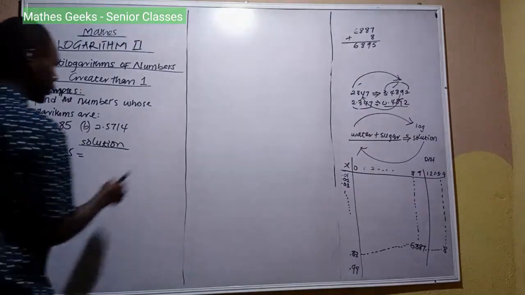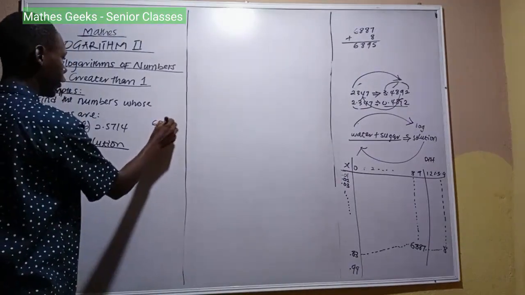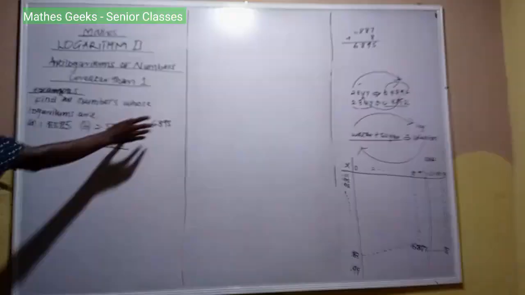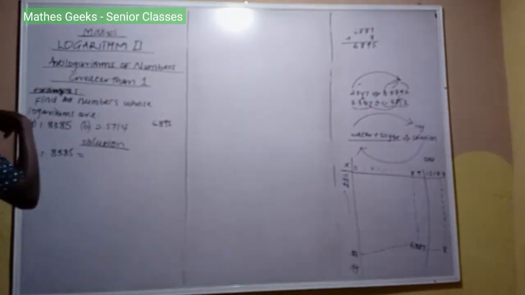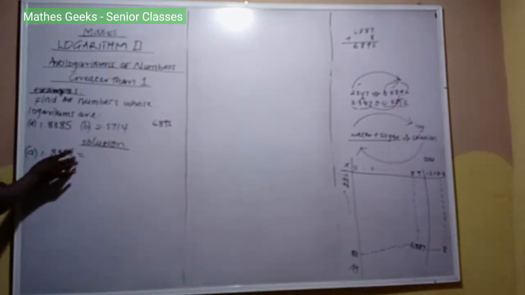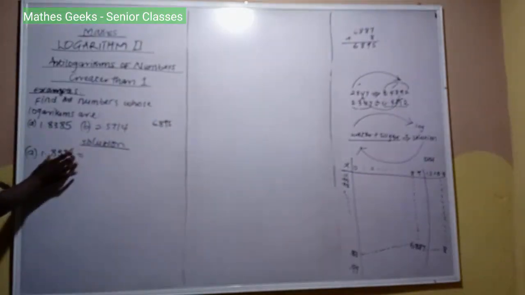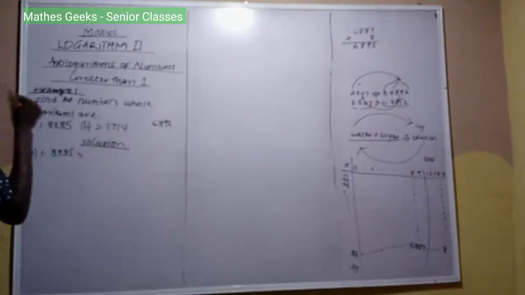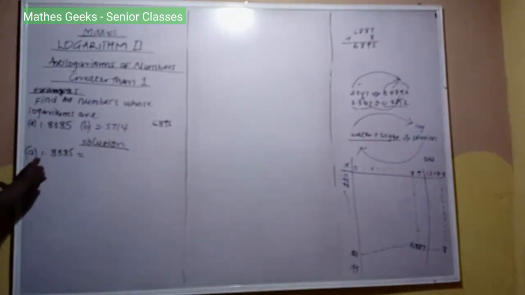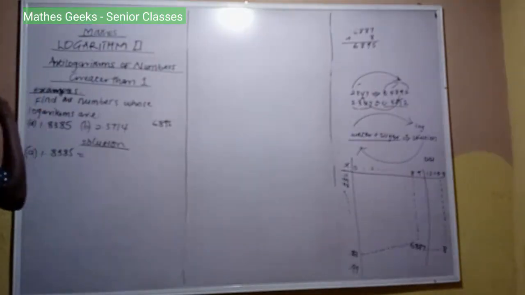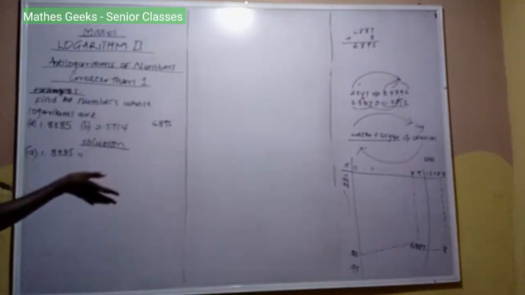Now you won't write the answer right away. We've gotten this value just by reading it off the anti-log table. The next thing is that this characteristic here will determine where we put our decimal point, because actually this decimal point was gotten from the natural number by looking at the integer part.